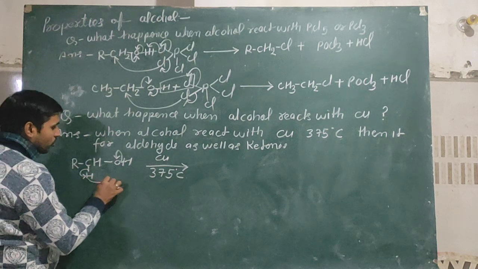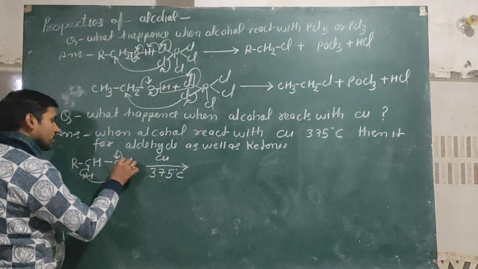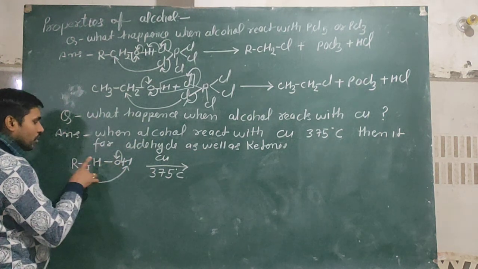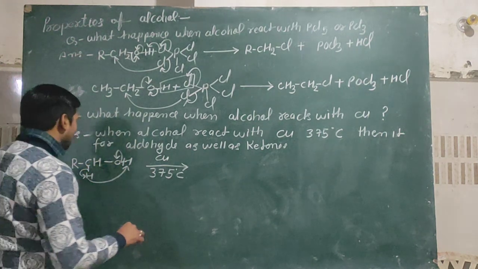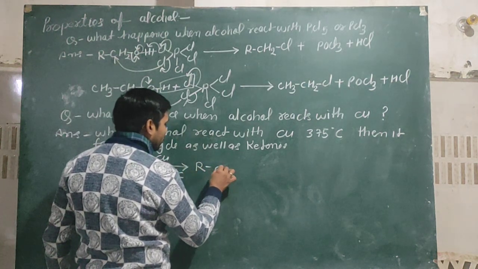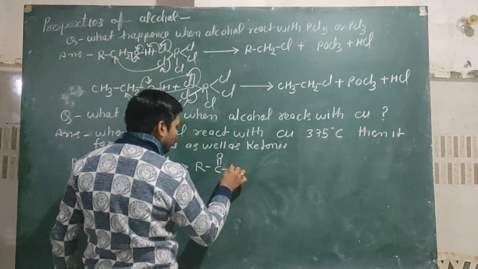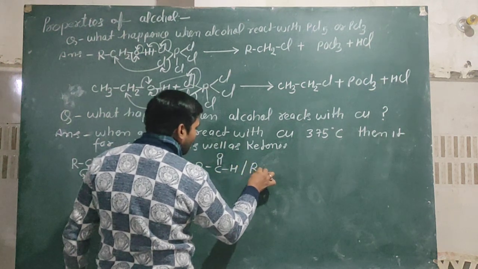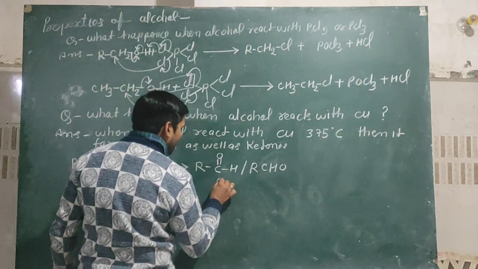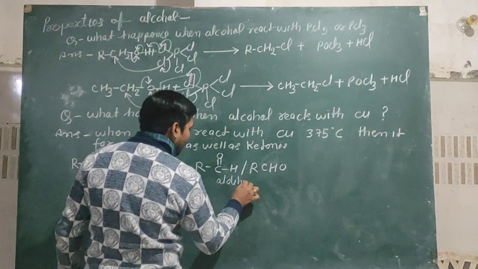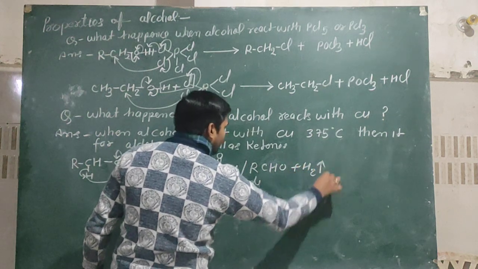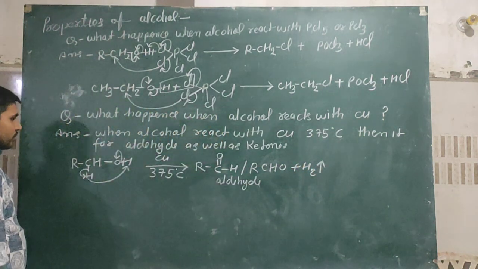This negatively charged hydrogen attracts the positively charged hydrogen to become hydrogen gas, and oxygen negative and carbon positive become a double bonded system, like R C double bond O. You can write this as RCHO. It is an aldehyde, and formation of hydrogen gas takes place.